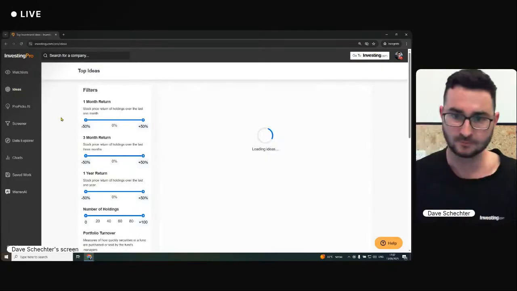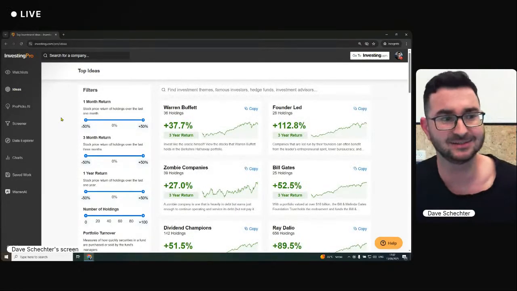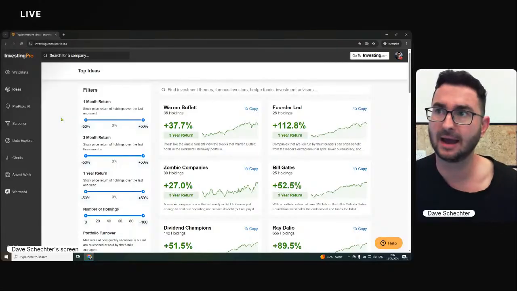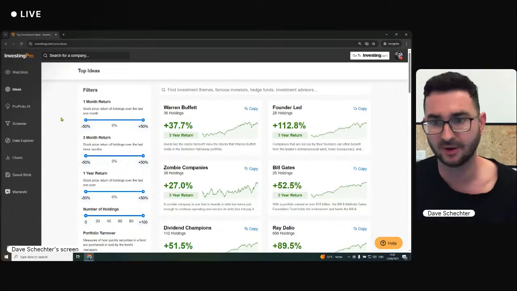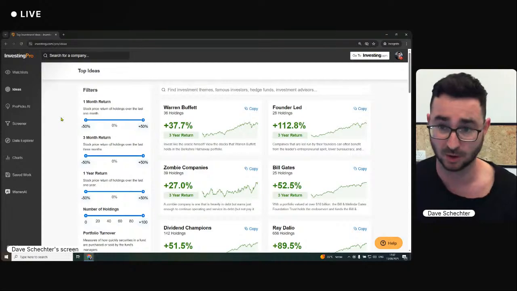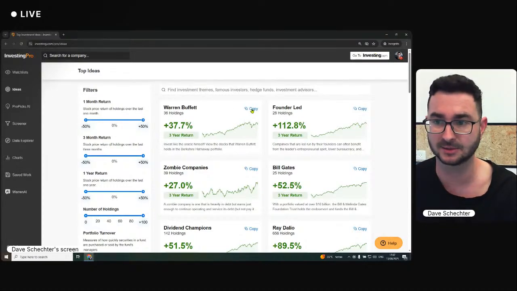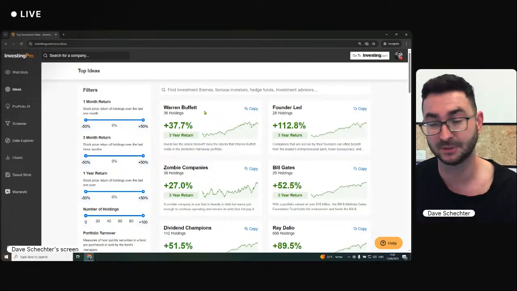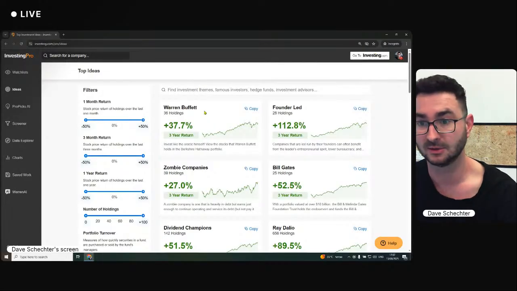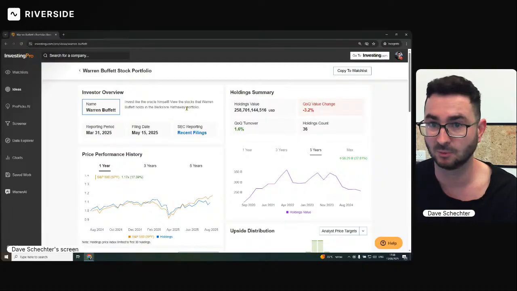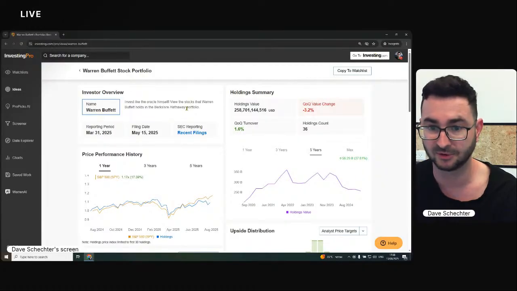So the idea behind ideas is basically you have hedge funds and you have really prolific investors such as Warren Buffett. Clearly they know something about the market, so wouldn't you be interested in potentially copying what they do? So for example, let's say I want to take a look at what is in Warren Buffett's portfolio.